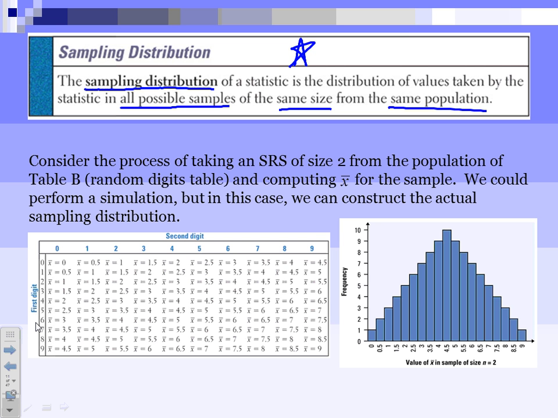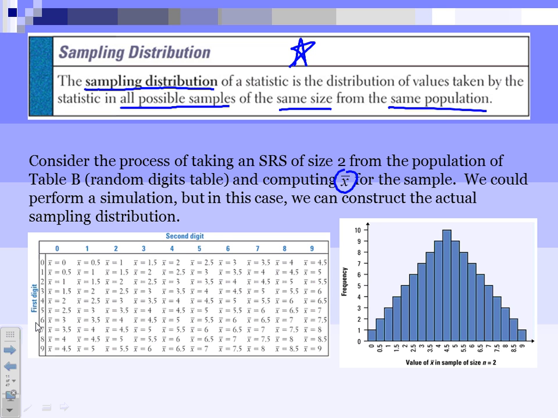Okay? Now, if we look at this example on the bottom, it says, consider the process of taking an SRS of size 2 from the population of table B, the random digits table, and computing the X bar of the sample. Now, if you think about that, we're taking an SRS of size 2 from the population there, okay? We could perform a simulation, but in this case, we can construct the actual sampling distribution because we know what the possible outcomes are.